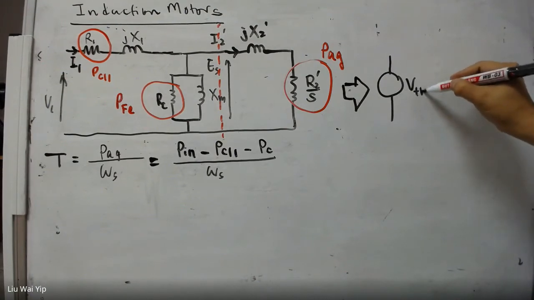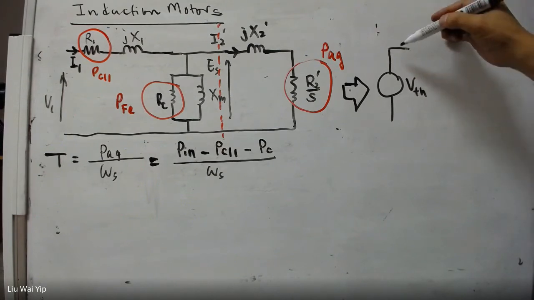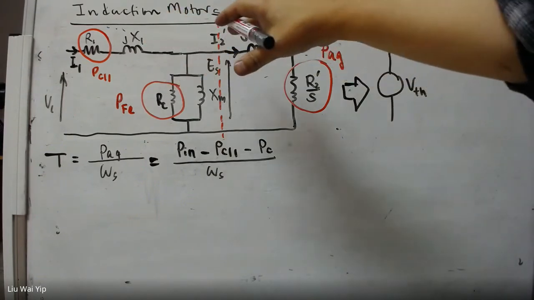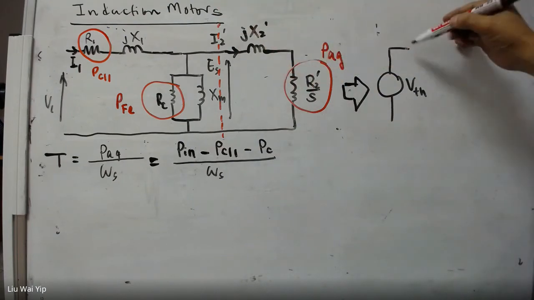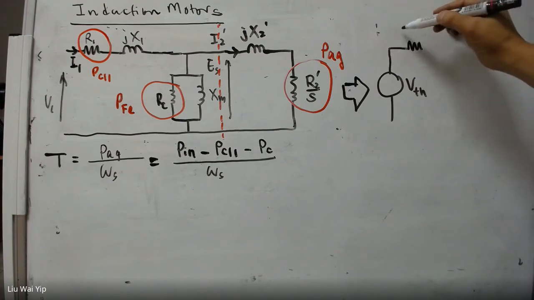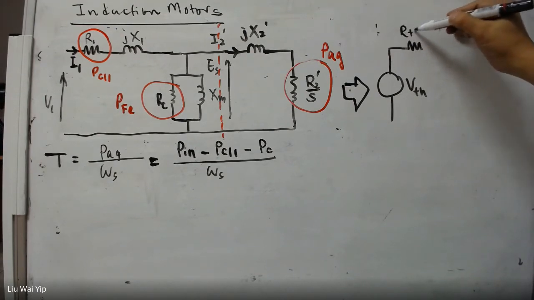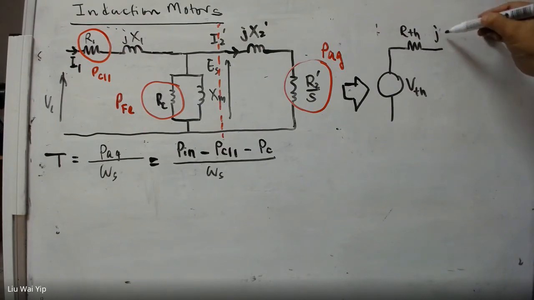V_TH, and then the impedance of Thevenin, R_TH and X_TH here.